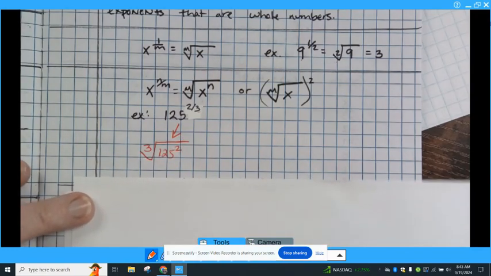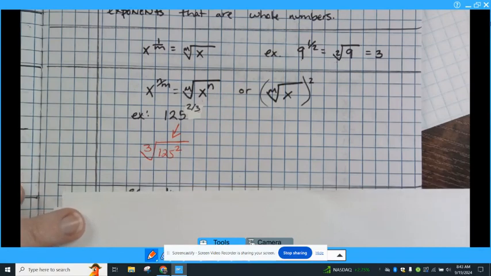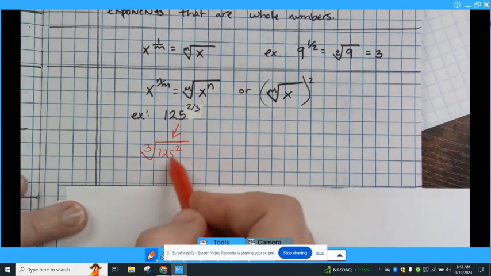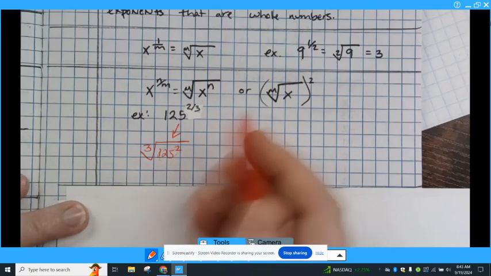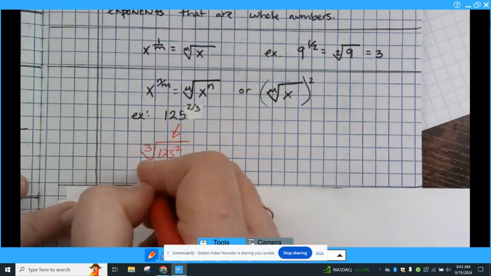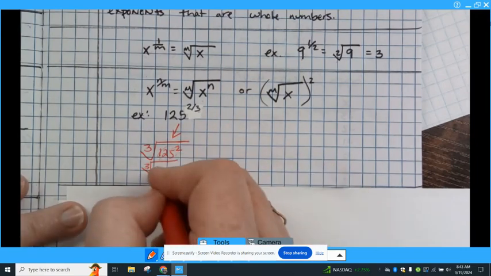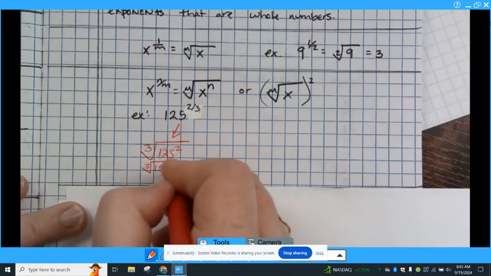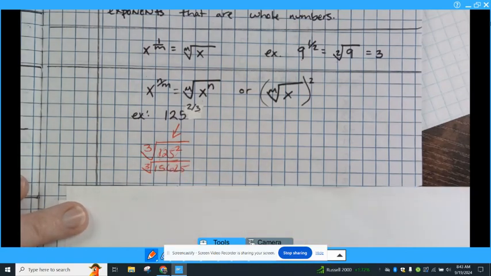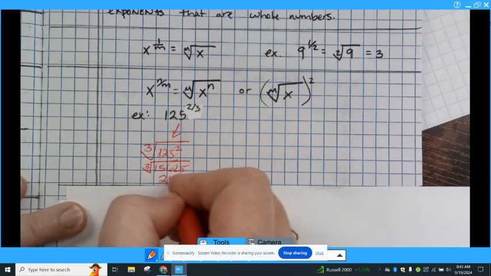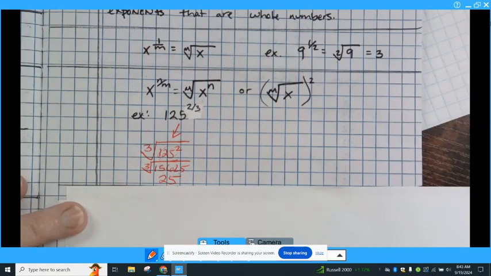Using a handy dandy calculator, because I'm not doing this in my head, what's 125 squared? That gives me the third root of 15,625. Then I ask, what's the third root of 15,625? And my calculator gives me 25.